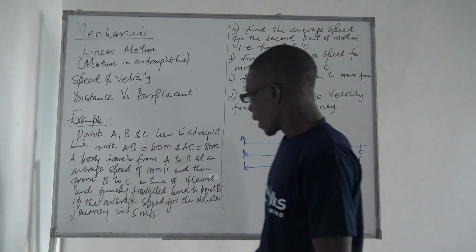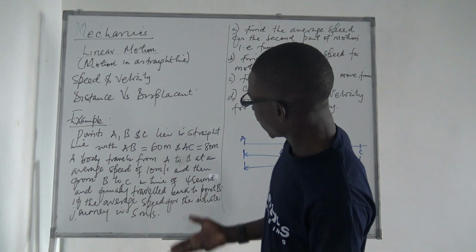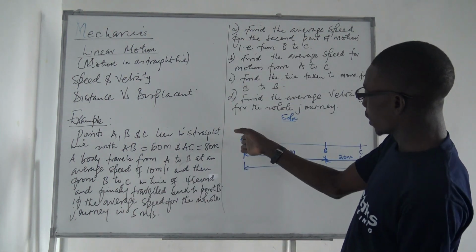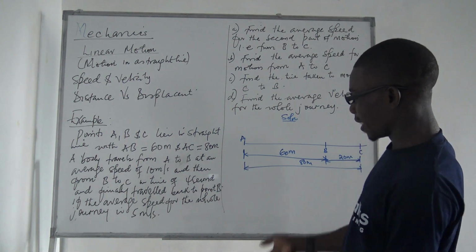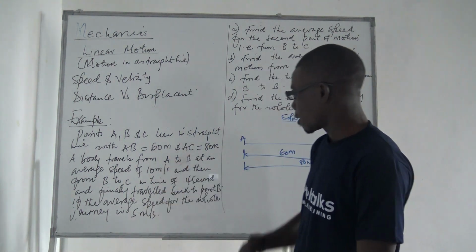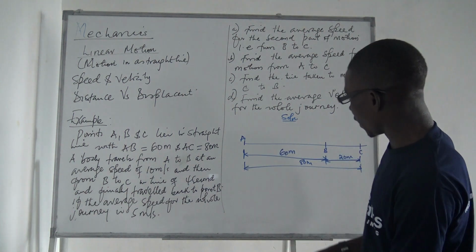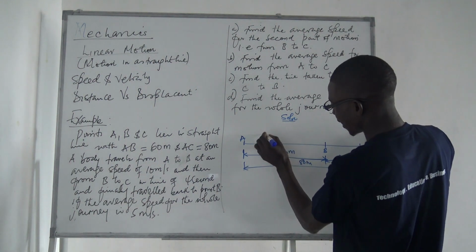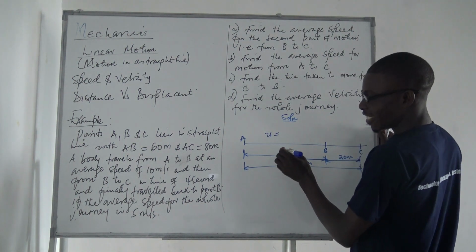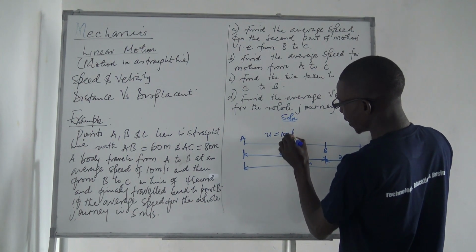And then they are saying that there is a body which started moving from point A and went to point B at an average speed, which I would call U, of 10 meters per second.